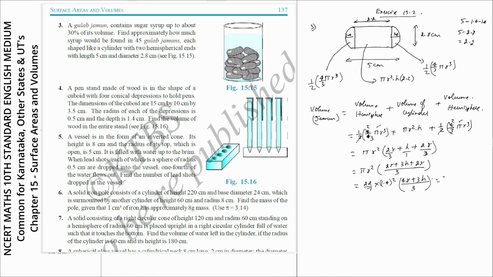So now this is equal to 22 by 7 into 1.4 the whole square into, r is 1.4, so 4 into 1.4 plus 3 into h is 2.2, 3 into 2.2.